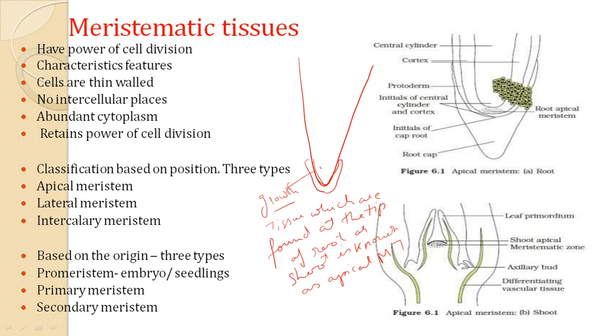Whatever tissues are present here are basically apical meristematic tissues. When I was drawing this tissue, you see that I left some space in between.